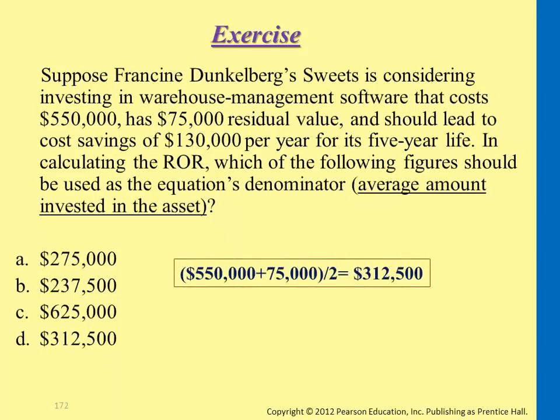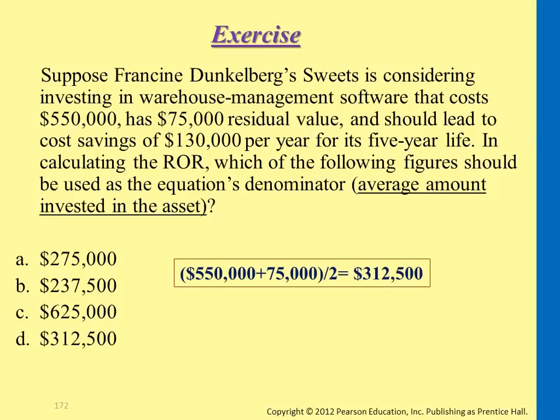Okay, the last one here is relevant to the rate of return method, the second one. If it tells you that the cost of the investment is $550,000 and the residual value is $75,000, to calculate the rate of return, the numerator part is the operating income and the denominator is the asset's average value.